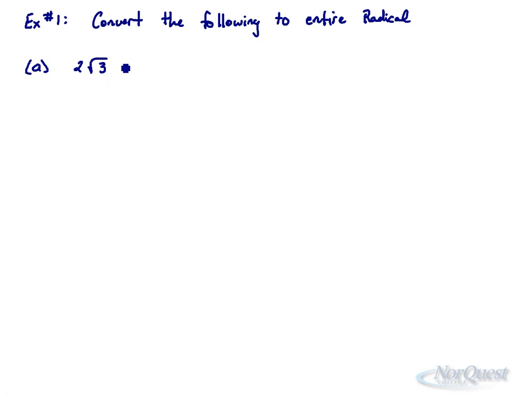Remember, if there's no index given, that little subscript number on the radical sign, then you know it's to a power of 2. So the way you change to an entire radical is the coefficient out front gets raised to the index. In this case it's 2 to the 2, and multiply it by the radicand every single time.